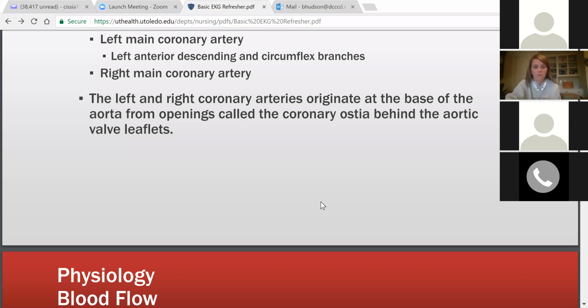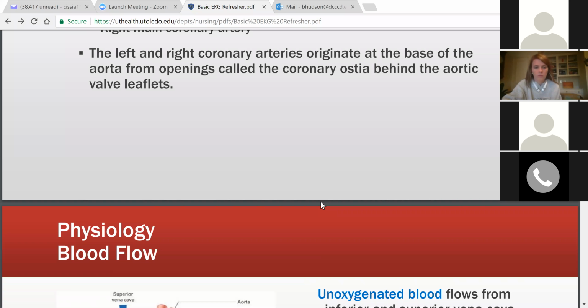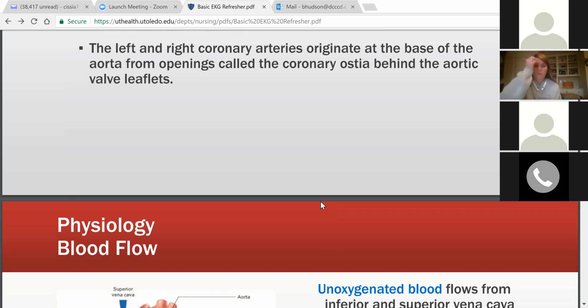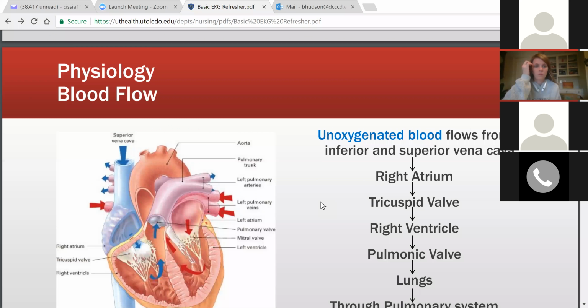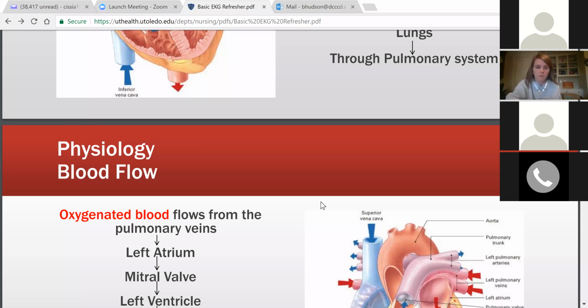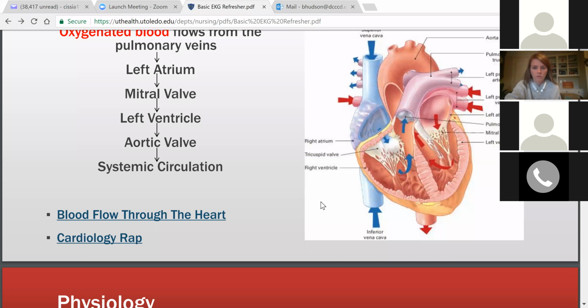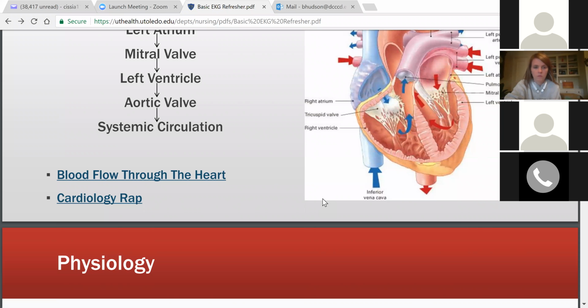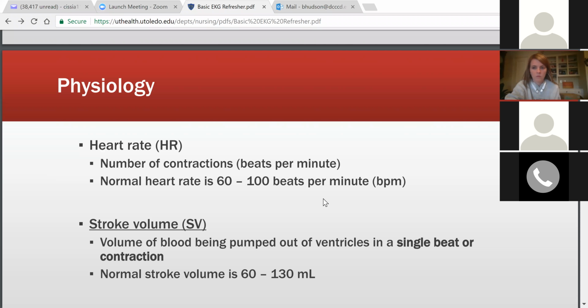This particular document goes into the physiology, tracing a drop of blood through the heart. I'm going to skip through that because I just want to get to how you read the ECG. But in order to understand that, it goes back to the stuff that we spoke on prior. So heart rate, we know normal is 60 to 100.